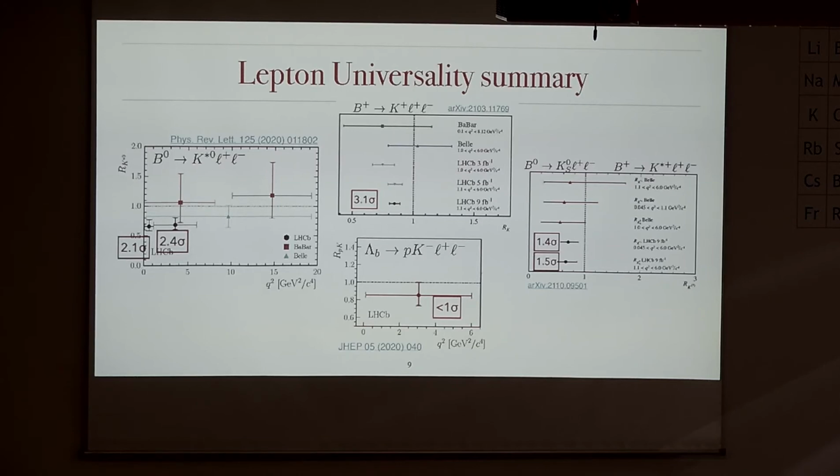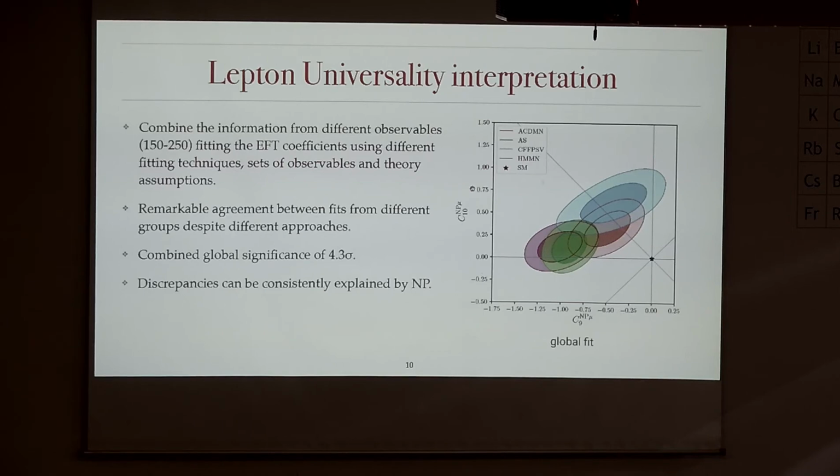our friends, the theorists or phenomenologists or model builders, do is they put together all of these anomalies, not only this lepton universality test, but also the other ones that I showed you before. They are able to combine the information from many different observables.